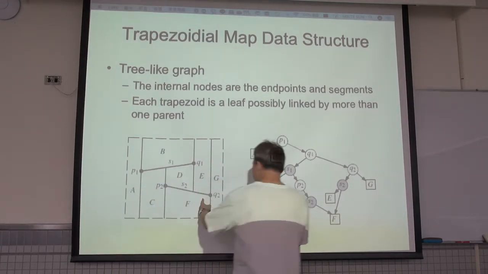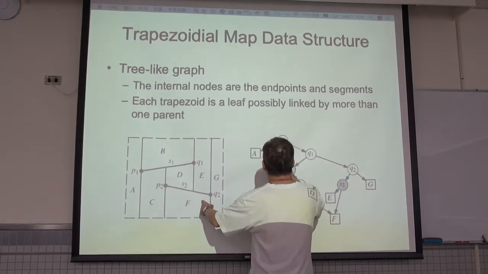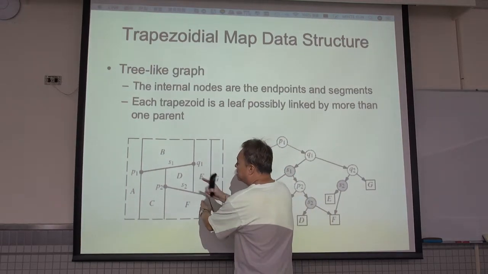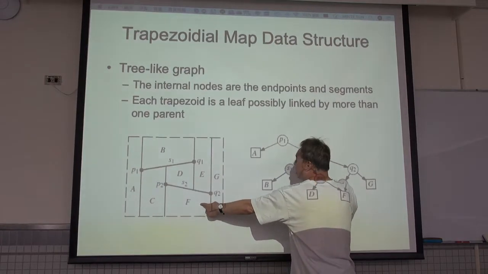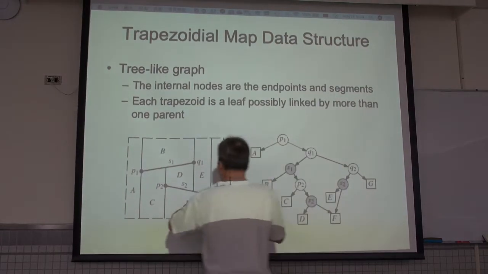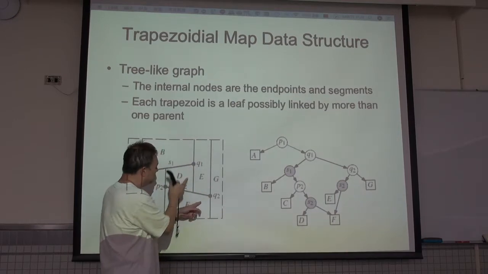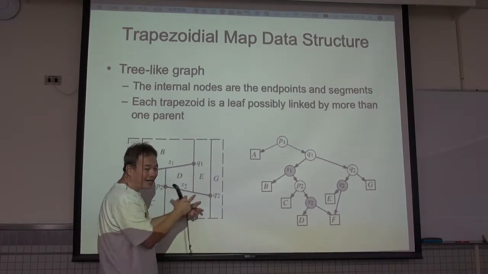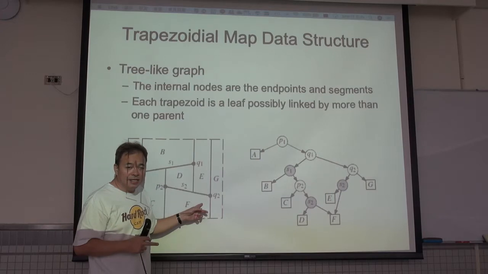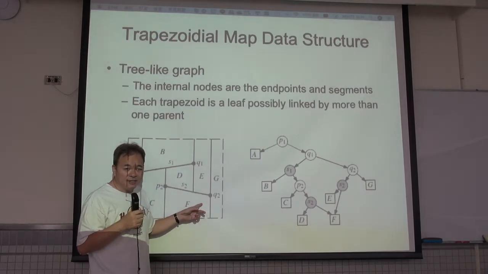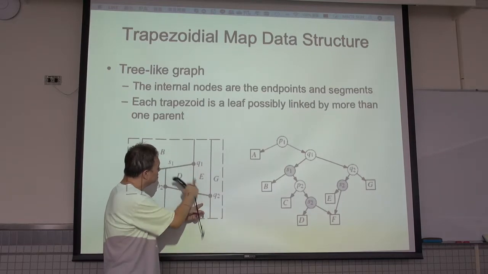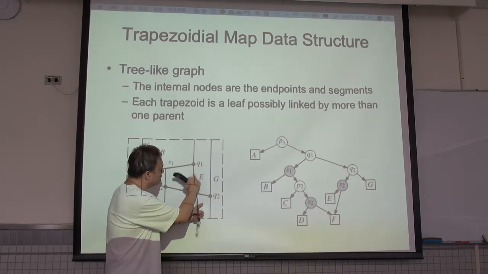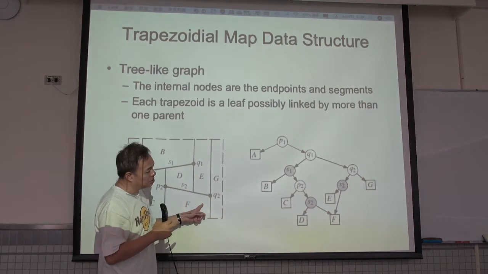So starting from the root P1, this point is on the right hand side of P1, so you go to the right subtree, Q1. Q1 is here, and this point is on the right of Q1. So you go to the right subtree of Q1.